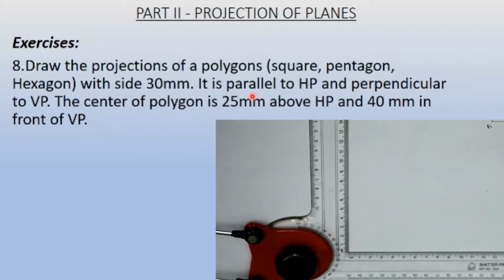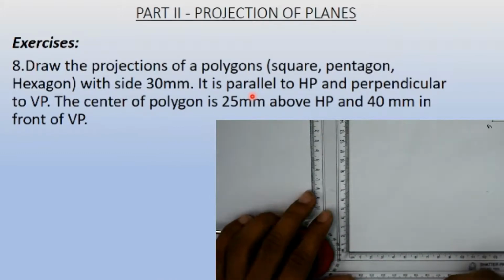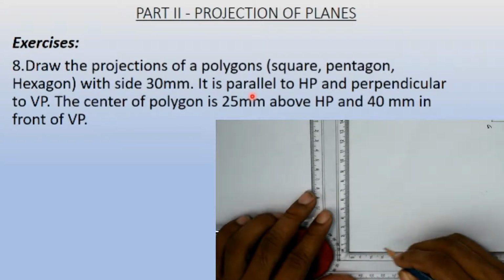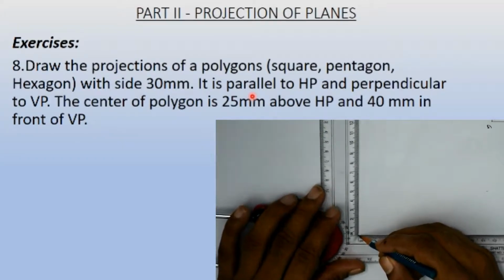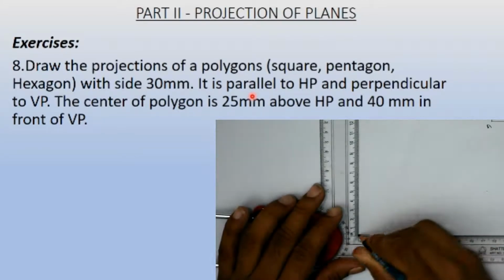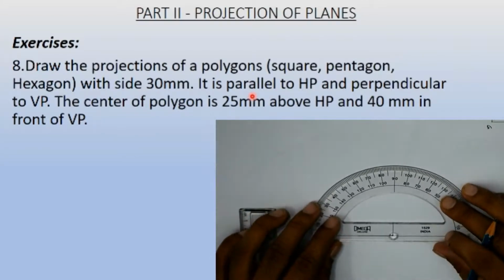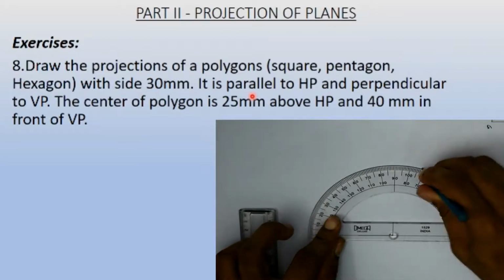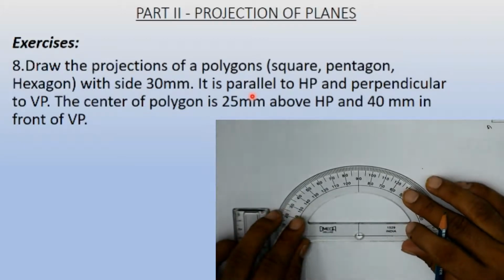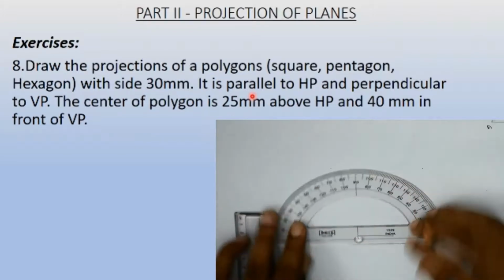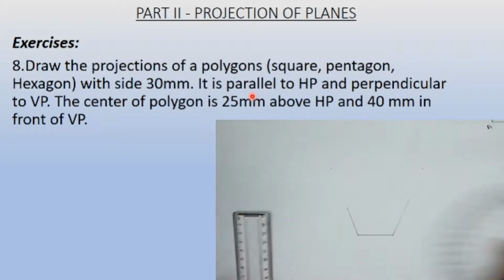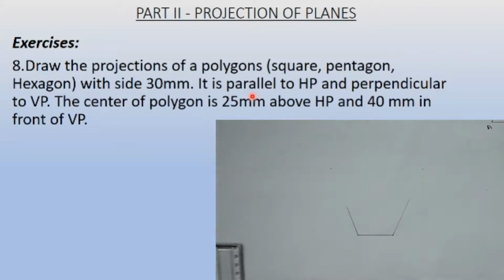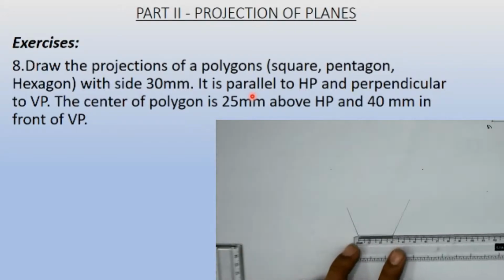Now this is the pentagon. It is very similar to the previous square. The side is given in the question as 30. So I am first drawing the side as 30 here and I will complete the pentagon. The angle is 72 degrees.